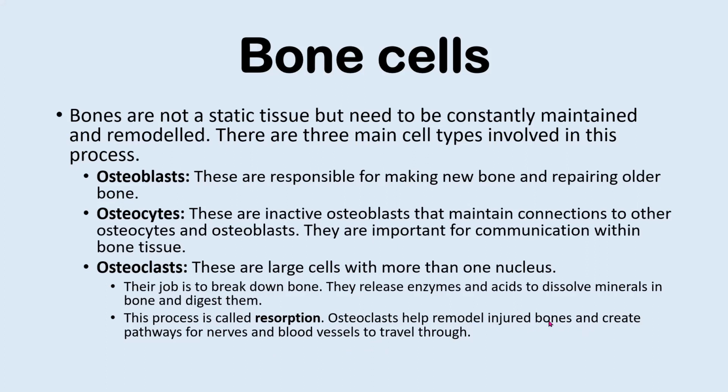So if you hurt your bone in some way, not necessarily breaking it, but bruising it, they'll sort that out. And they create pathways for nerves and the blood vessels, so all under control. And most people don't give this any thought at all. It's just an amazing system.